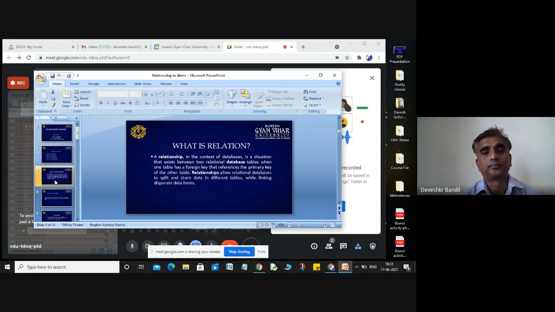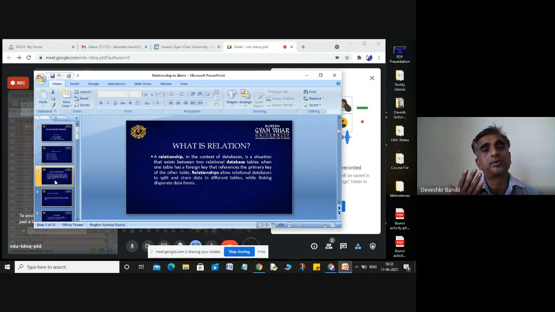Relation is, as I had told, when one entity is related to another entity. That is the relation between the two entities. And entity is a person, place.